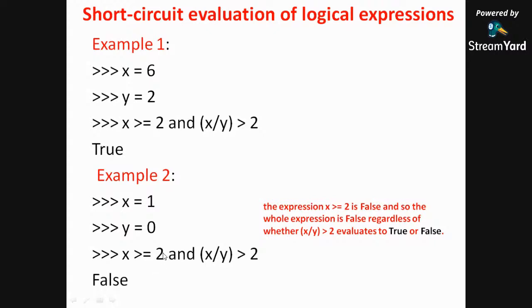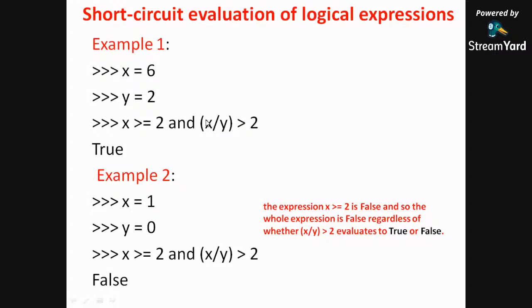That means after evaluating the first expression, it directly confirms that the result is false and displays it. This is called short circuit evaluation. You are not evaluating the entire expression. In the first case, 6 greater than 2, yes, true. When the first expression is true and the AND operator is used, it goes to the second expression, because we do not know whether the second expression is false.